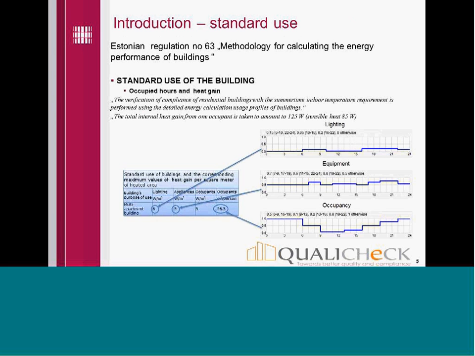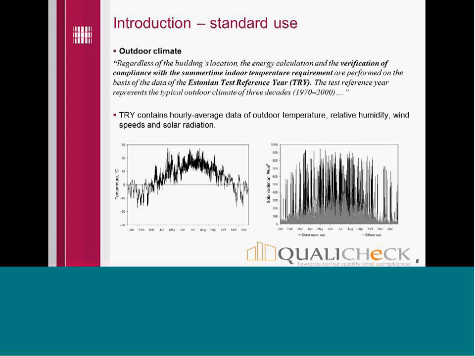A couple of words about the calculation procedure. As I told, this is a simulation-based approach, and the standard use of a building is defined in the regulation. Here you can see there are profiles for lighting, equipment, occupancy, and also values for these as loads of internal heat gains.